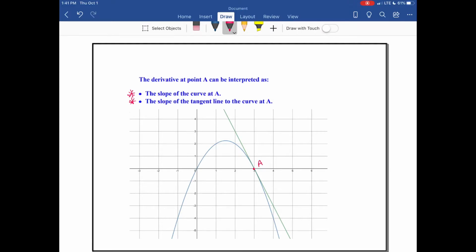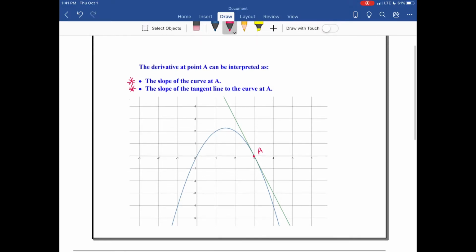So let's look at this example that we've got right here. So here's my random point A right there in pink. And here you'll see in green is a tangent line to that curve at that point A, which happens to be the point x equals 3. So if I were asked, what's the slope of this curve at x equals 3, at that x equals a, well, I would then need to find the slope of that tangent line.